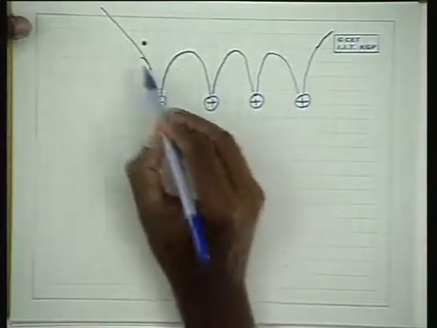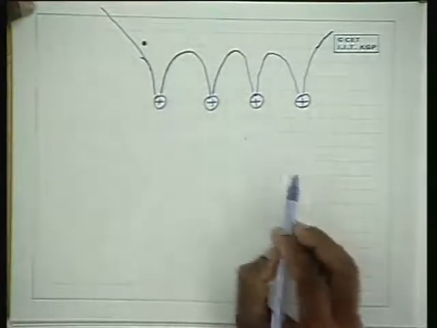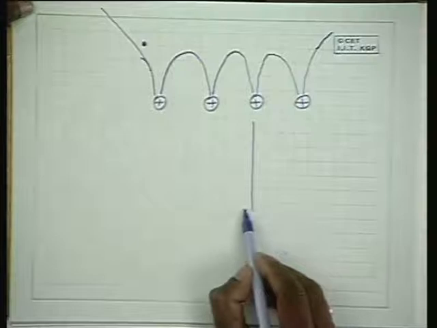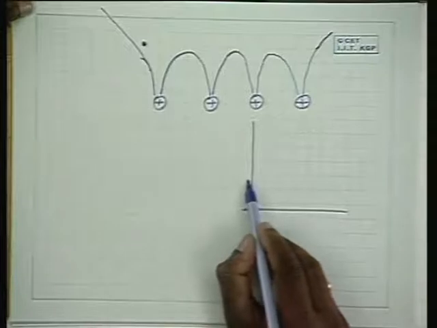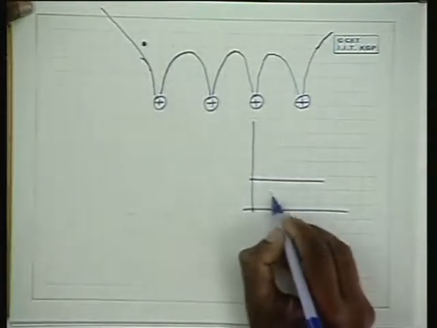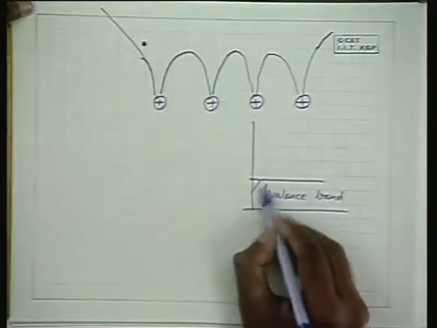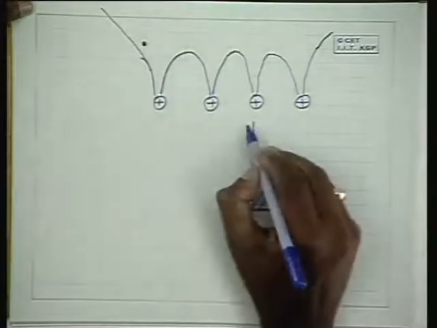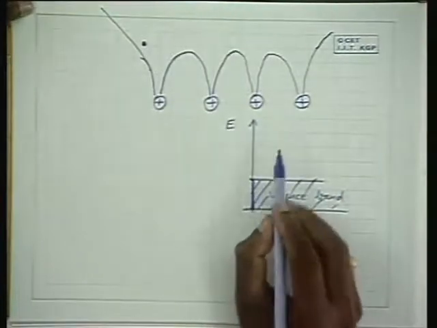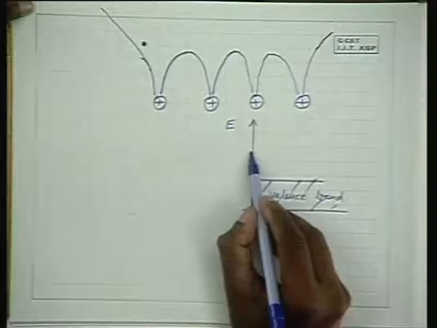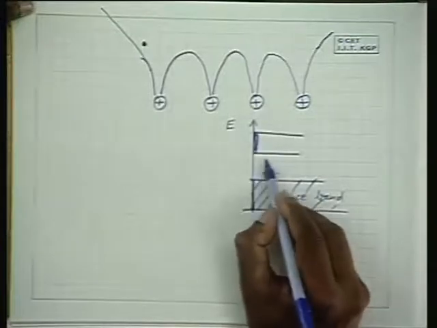Now, if you form the wave equation and analyze this problem, it is found that the electrons possess certain energy levels. If the electron is a valence electron, it possesses a certain energy level. This is energy. And if the electron has some thermal energy, it is in the conduction band, it possesses this energy level. It never possesses this energy level.